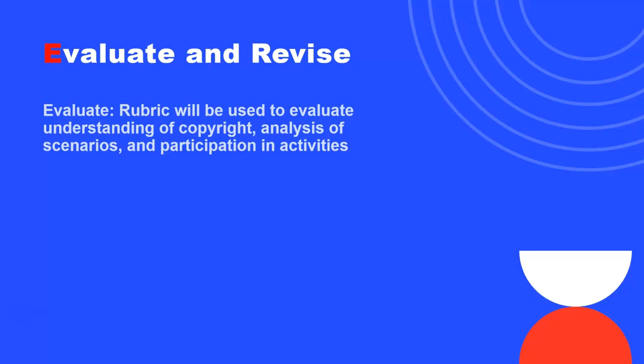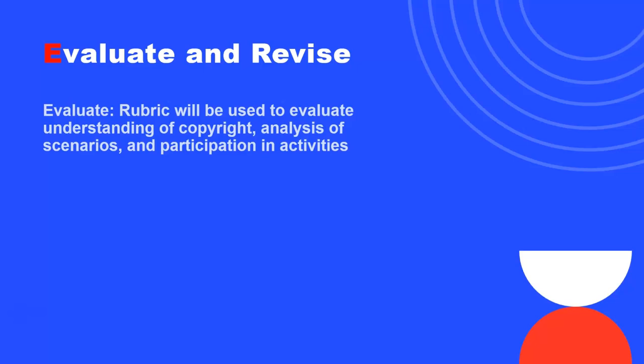For 2 points, students will show good understanding of copyright with minor inaccuracies. They will analyze the scenarios with minor errors, and they participate in the activity but might not consistently contribute.